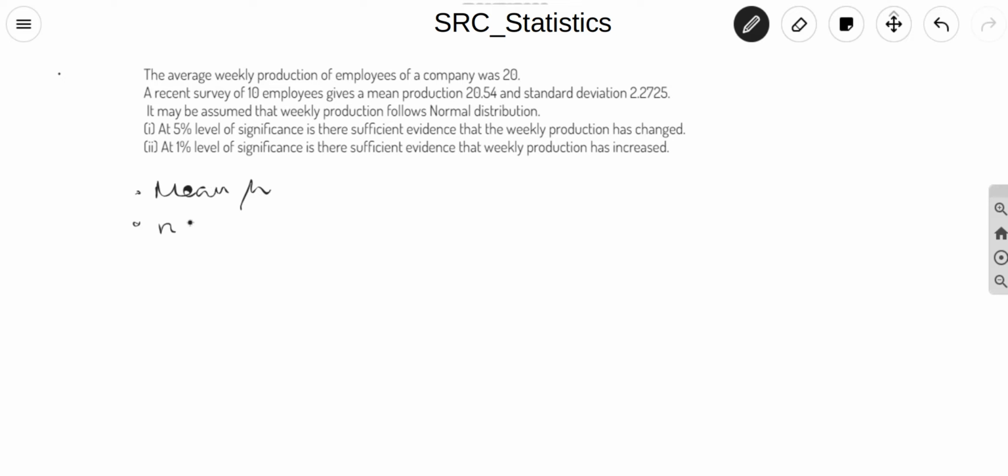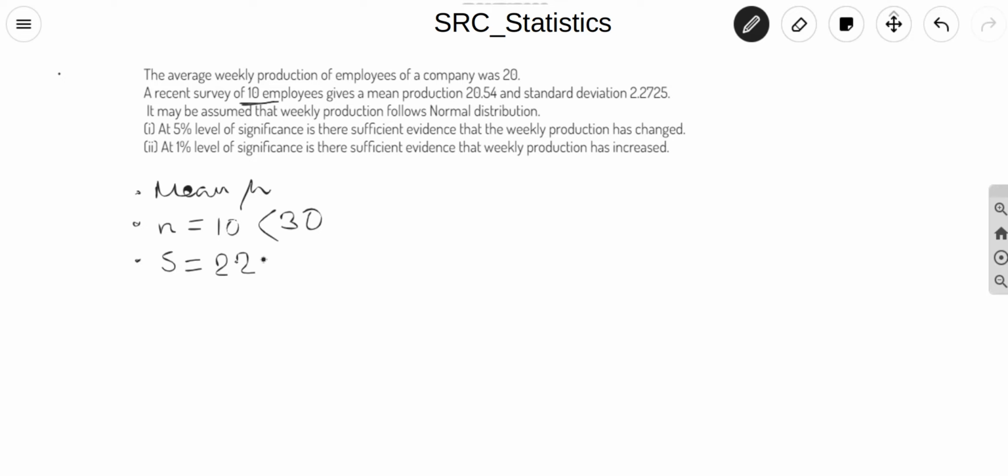Let us see the sample size: a sample of 10 employees, n equal to 10. This is a small sample, less than 30, so it is a small sample test, and the sample standard deviation and sample mean are given.